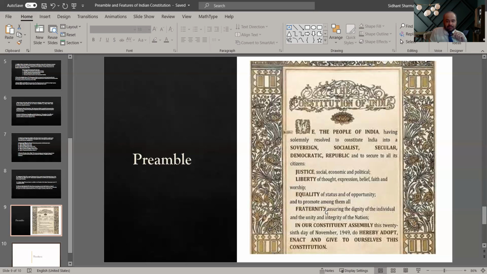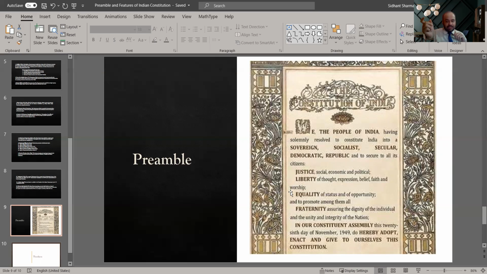Now, these are the things that we will secure to the citizens. The justice, we will provide social, economic, and political justice. The liberty of thought, every person will have liberty of thought, expression, faith, belief, and worship. Equality, we will provide equality of status and of opportunity, and to promote among them.